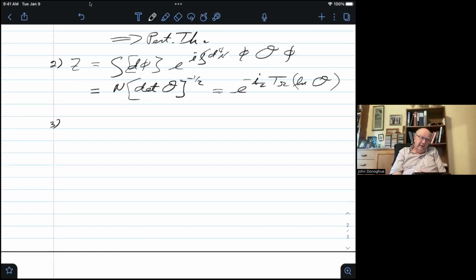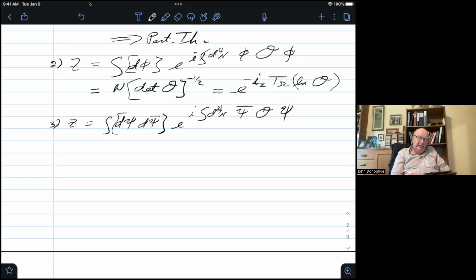And the third one we also need today is if I do fermions: the integral d psi bar d psi, e to the i integral d4x psi bar O psi, so it's again some differential operator, is some number times the determinant of O to the first power.